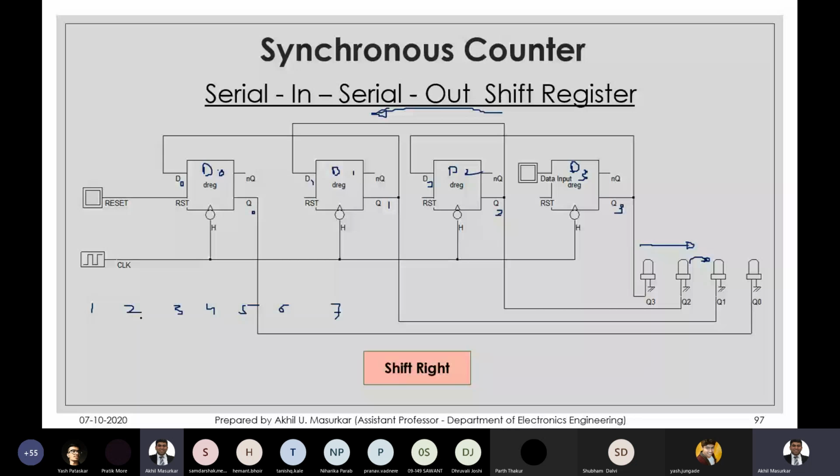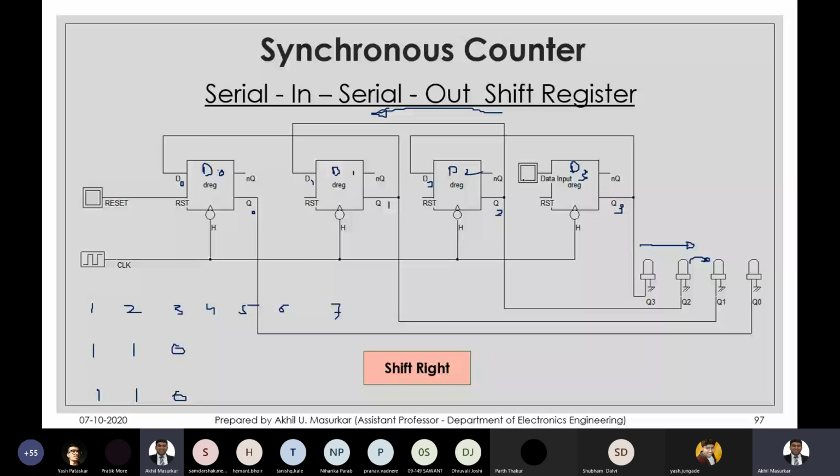In clock number 1, if you are giving 1, then at the output you will get 1. At clock number 2 also you are giving 1, then you will get 1. At clock number 3, if you are giving 0, then you will get 0. So what you might be doing is keeping data input 1 only, right? So try to change the data input.